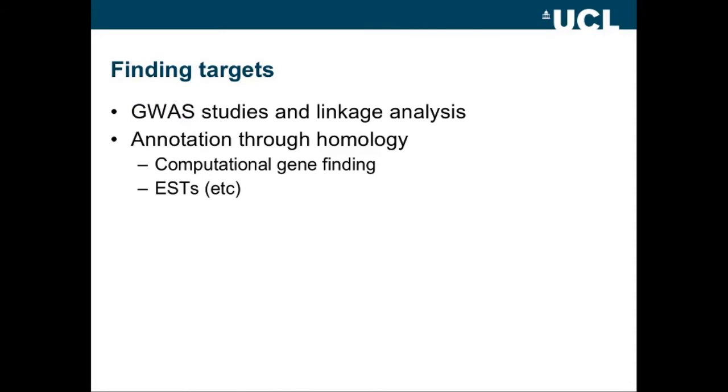This requires us to find the location of genes in the DNA and then to be able to annotate those genes if they're novel and we don't know what they're doing. In order to find the genes, we can use computational gene finding methods, but we can also use things like expressed sequence tags, where we're looking at messenger RNA and just sequencing the ends of it.